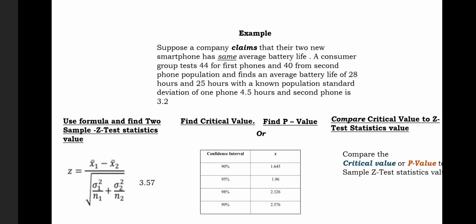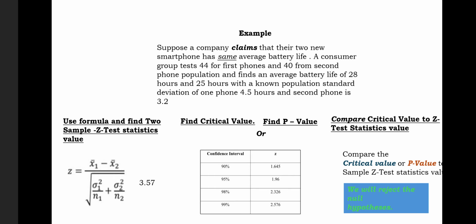Never say you accept the alternative hypothesis; you should always say I reject the null hypothesis. So we will reject the null hypothesis and we can say that the population mean of the first smartphone's average battery life is different from the average battery life of the second phone. They are not the same, they are different.